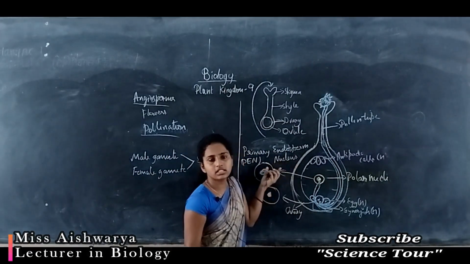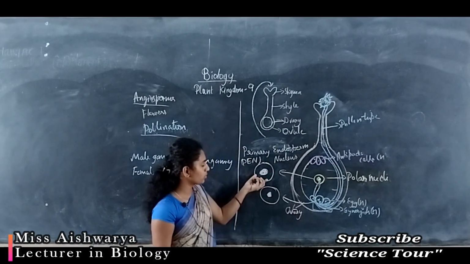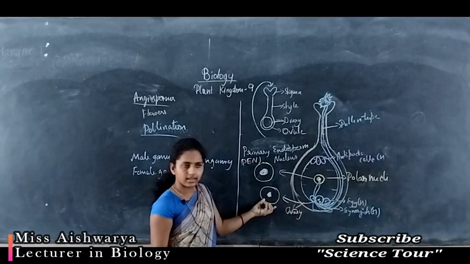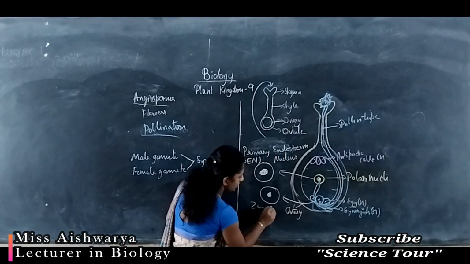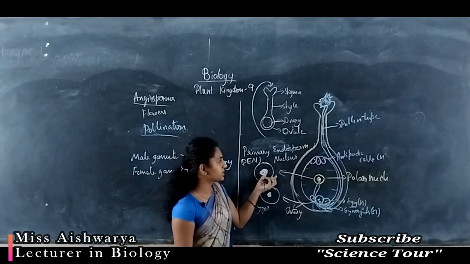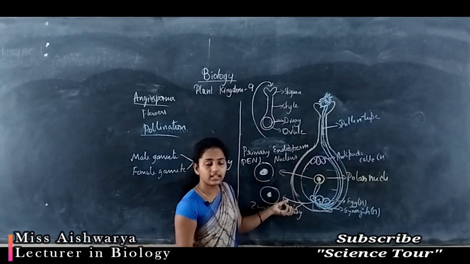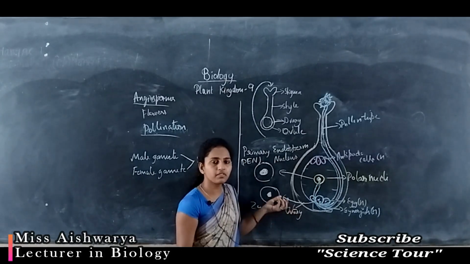This triploid structure is mentioned as primary endosperm nucleus, and this is the egg. This forms a zygote, and this forms a primary endosperm nucleus. So this is fertilization, the process of fusion of male gametes with female gametes.